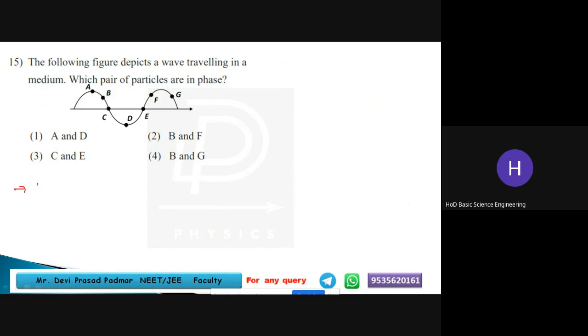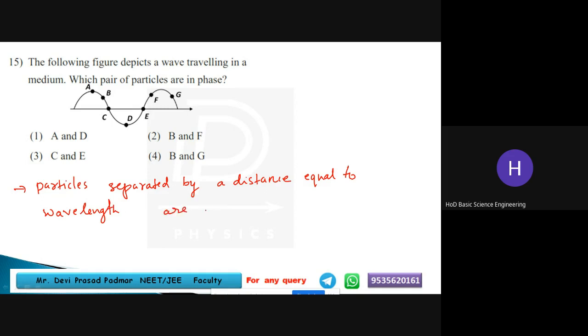Particles separated by a distance equal to wavelength are said to be in same phase. So separation must be equal to wavelength.